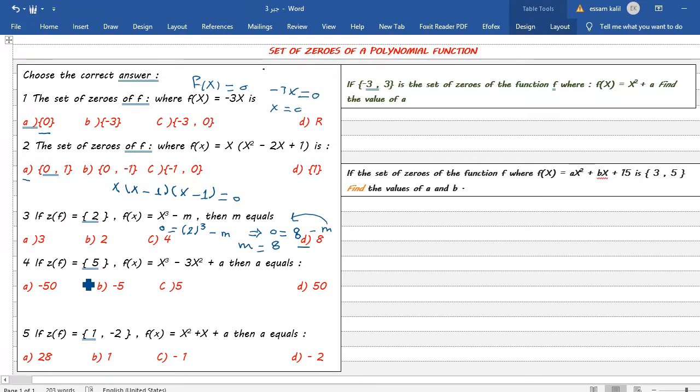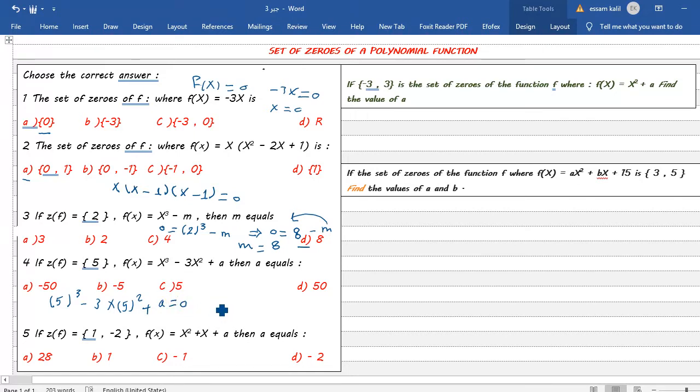If the zero of f equals 5, f of x equals x cubed minus 3x squared plus a. Put f of x equal 0 and substitute the value of x, we substitute for x with 5. Then 5 cubed minus 3 times 5 squared plus a equals 0.